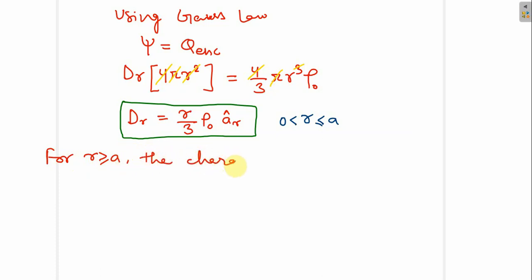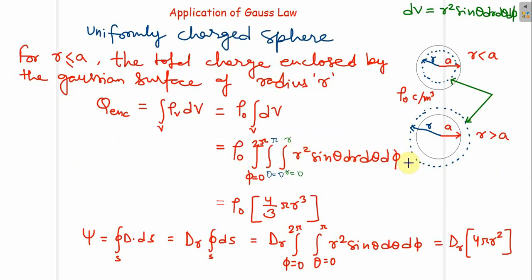The charge enclosed by the surface means we are talking of the entire volume, the entire charge in this case. Okay, so enclosed by the surface, and which surface are we talking about? Let me go back, this one. Okay, so let me copy this.